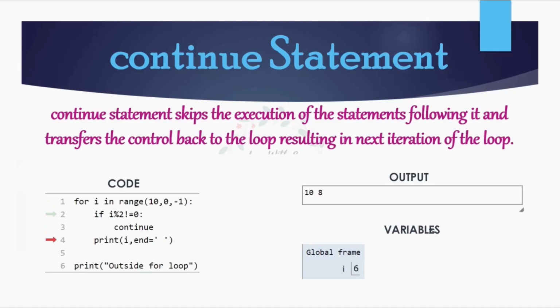For 6, if is false, 6 is printed on the screen. Then we get number 5, the condition becomes true for 5 and 5 is not printed on the screen. Then we have 4. 4 is printed on the screen with the help of the print statement. Then we get number 3, for which the if condition becomes true, and continue takes the next iteration of the loop, giving the value of variable i as 2.